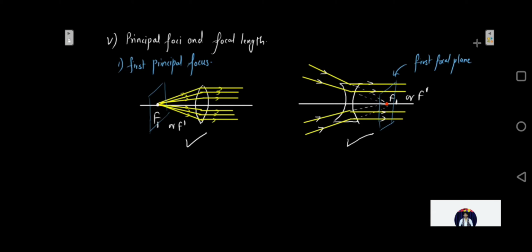And obviously the distance between the principal focus and the optical center, the exact center over here, will be called the first focal length of the lens, which is denoted by either small f1 or small f dash. For focus it is capital F, for focal length it is small f. It might be f1 or f dash. So this is about the first principal focus.